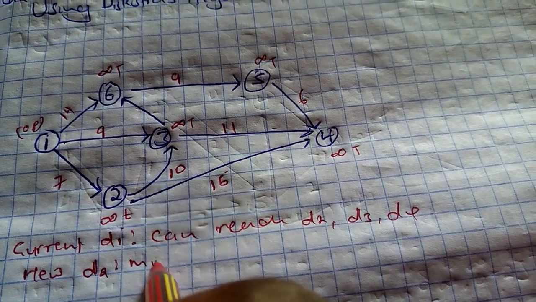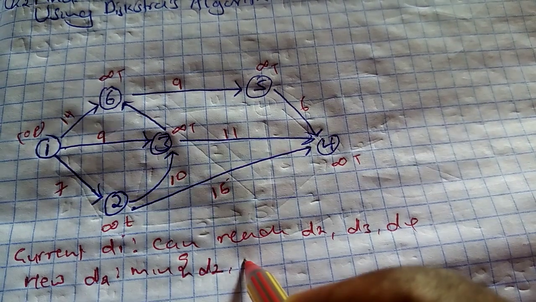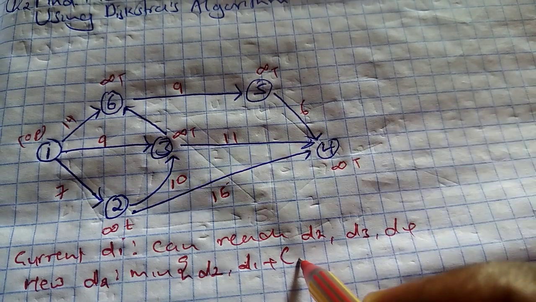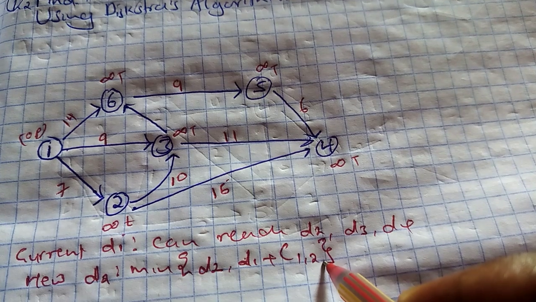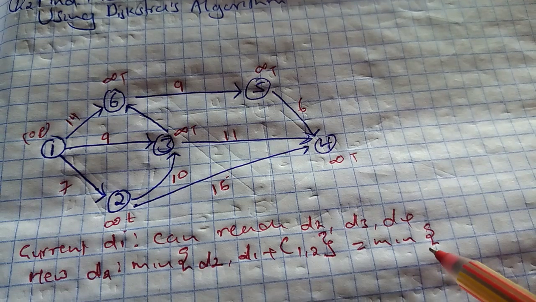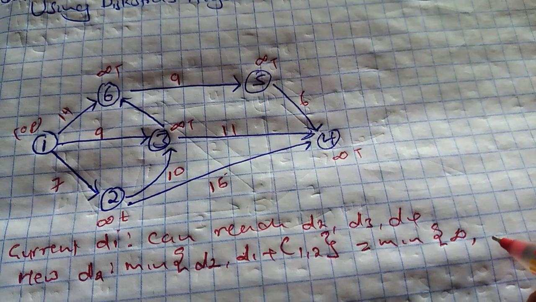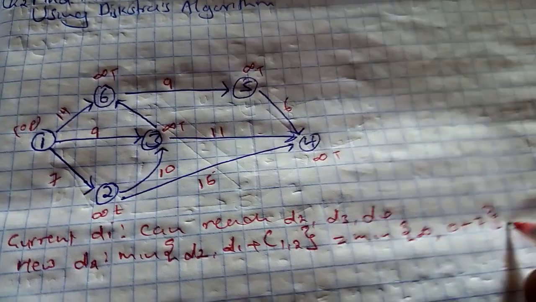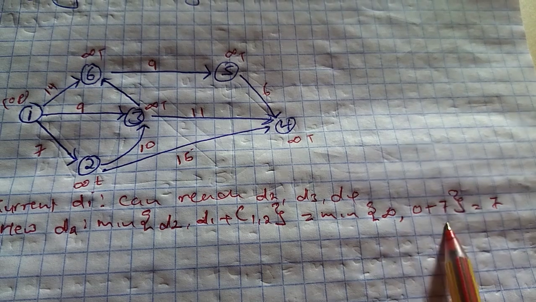This one is just the minimum between D2 and the sum of D1 plus the weight of 1 and 2, which is just the minimum between our D2, which is infinity, and D1, which is 0, plus the weight, which is 7. So the minimum between infinity and 7 is just 7.